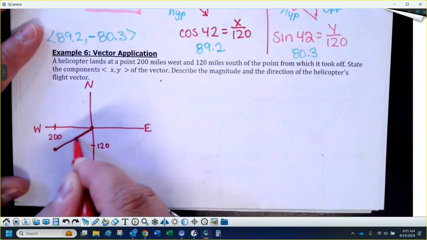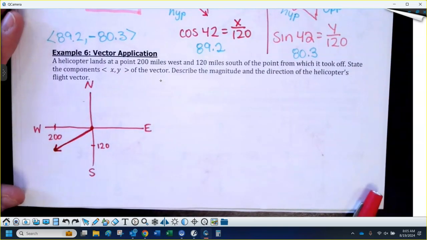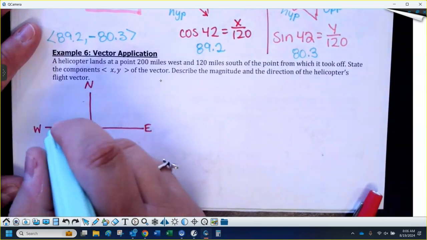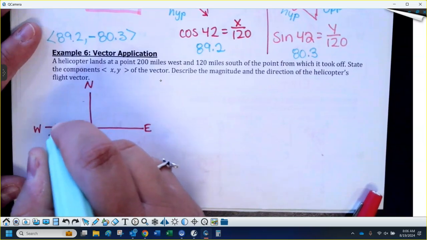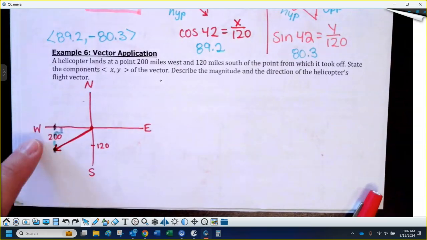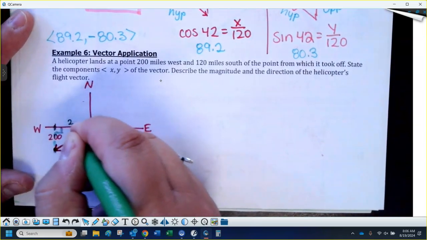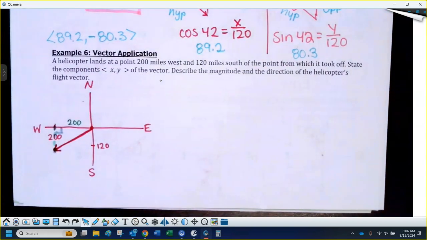So I'm going to draw my little vector pointing to that point. And just like the other ones real quick here, I'm going to connect this to the x-axis in case we have to find any distances here. Now, if you look at that, I put that 200 in a really bad spot. I know that I did just now as I'm looking at this. What you're doing, you're going over this distance would be the 200.